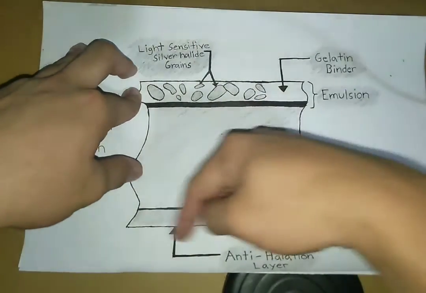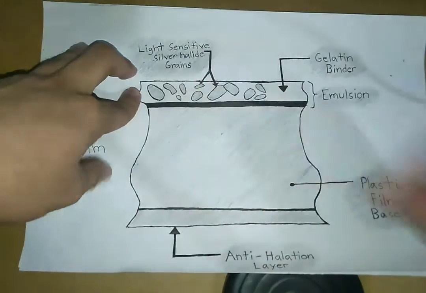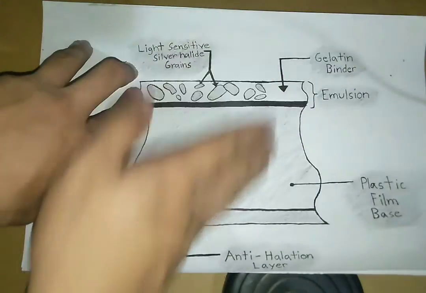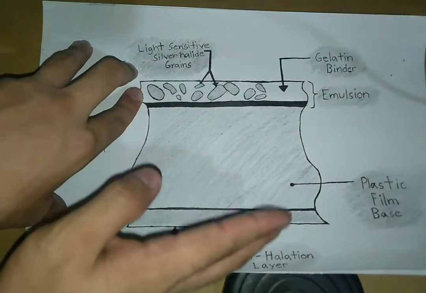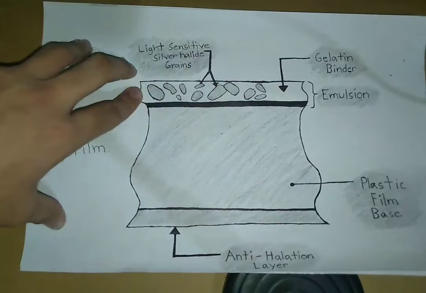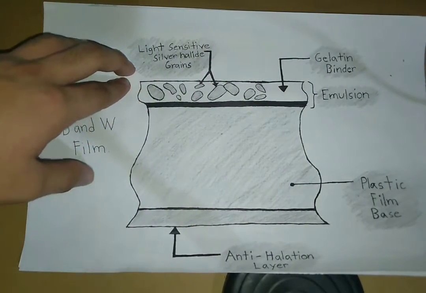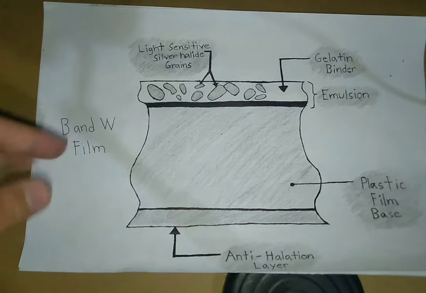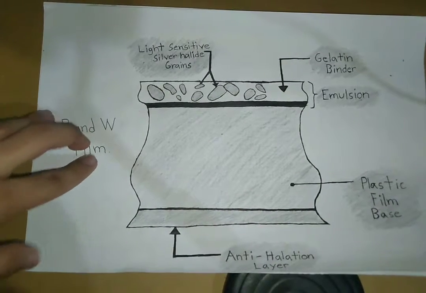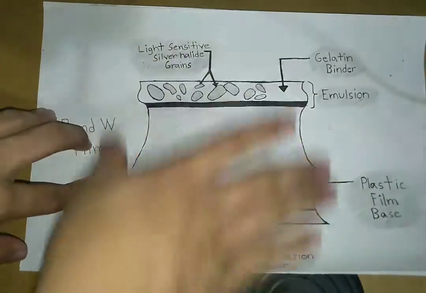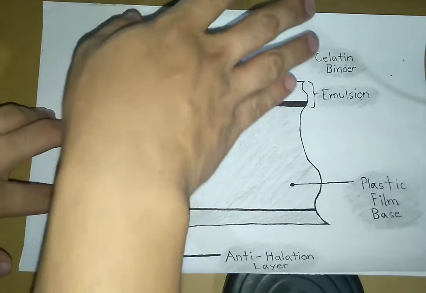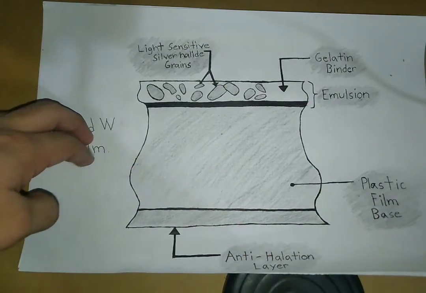Its role is not only to capture light but also to prevent reflecting the light back up to the emulsion, or to the top. Why? Because our image will be ruined if that happens. That is why the anti-halation layer was made, simply to process the image clear and not to process the image destroyed.